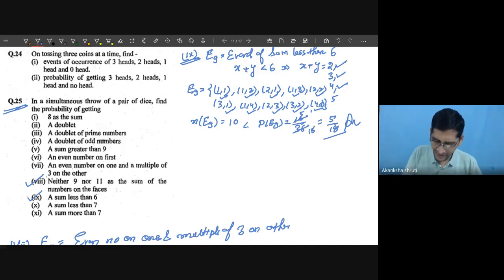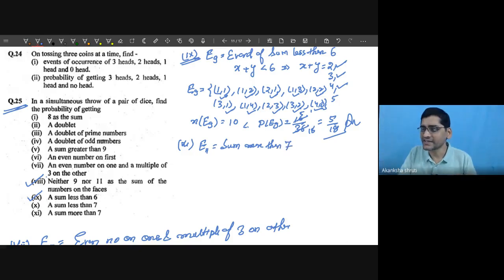Sum more than 7, 6 or 7 doesn't make any difference. Let me explain this. E11, sum more than 7. So if you know less than 7, you can get it. So this can be calculated by PE11 as 1 minus PE10.